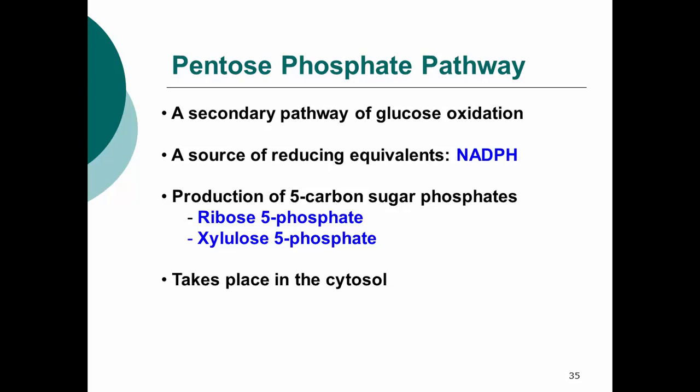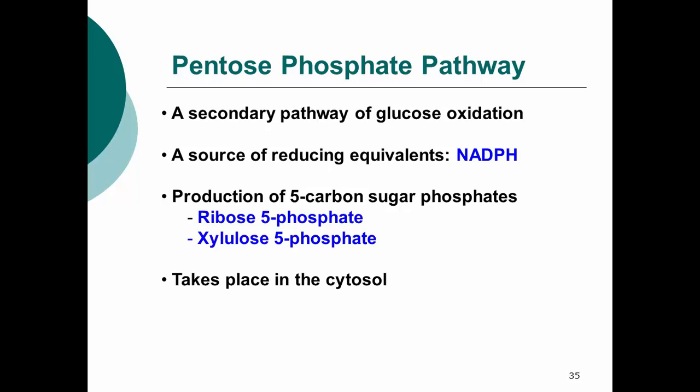And again, the NADPH is important for the fatty acid synthesis, and the purpose is the production of 5-carbon sugar phosphates, right? Ribose 5-phosphate and xylulose 5-phosphate, and this reaction takes place in the cytosol.